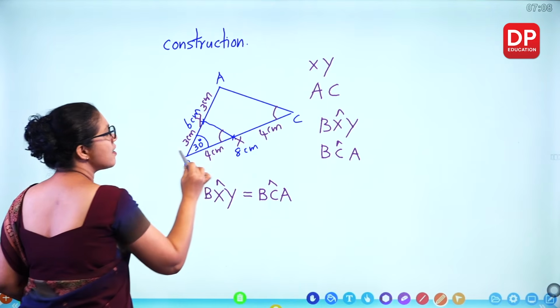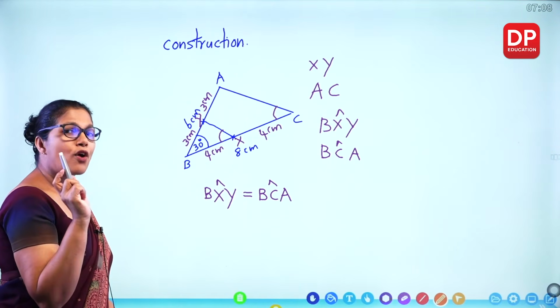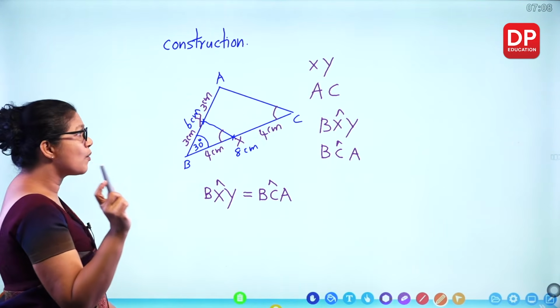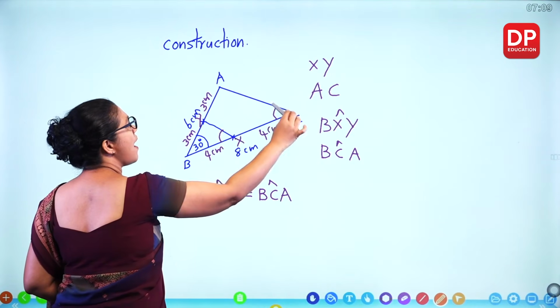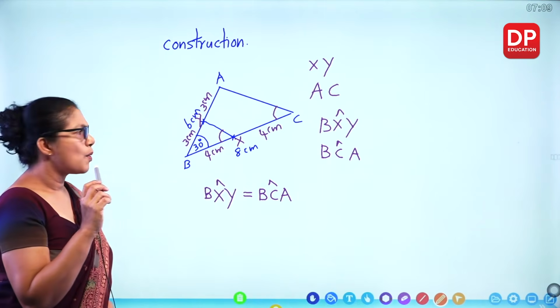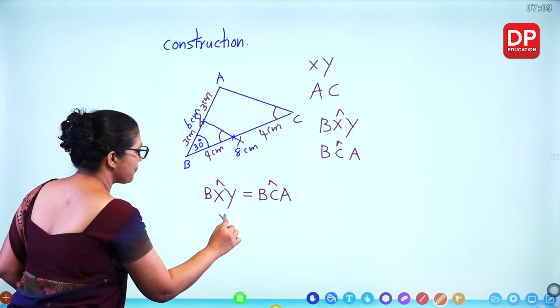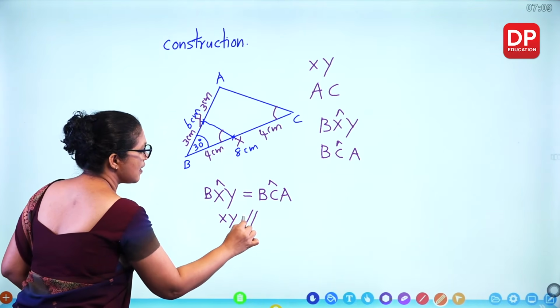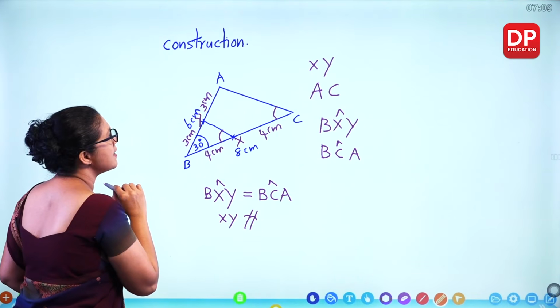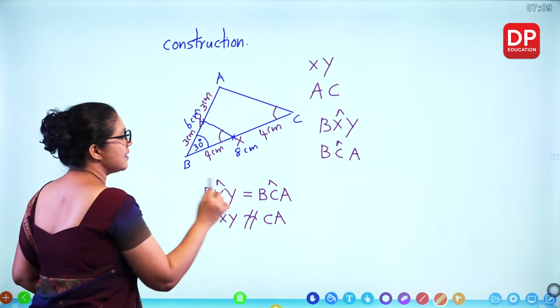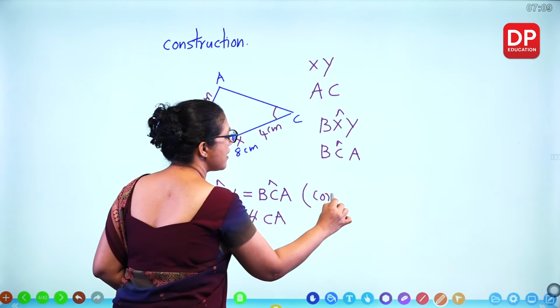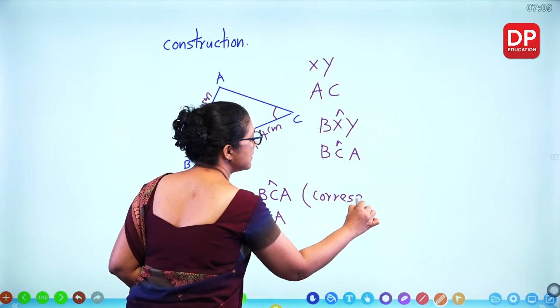These are corresponding angles. When corresponding angles are equal, you will realize this line is parallel to this one. So XY is parallel to the CA line. So these are corresponding angles.